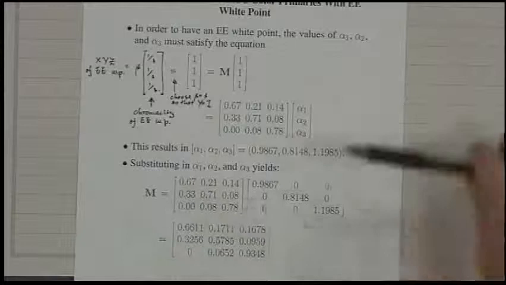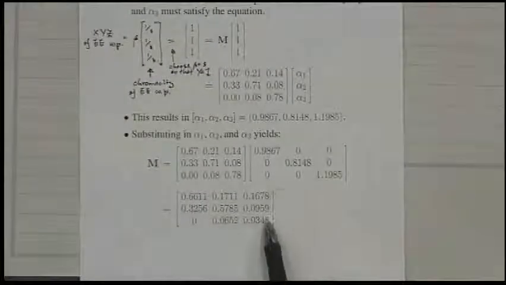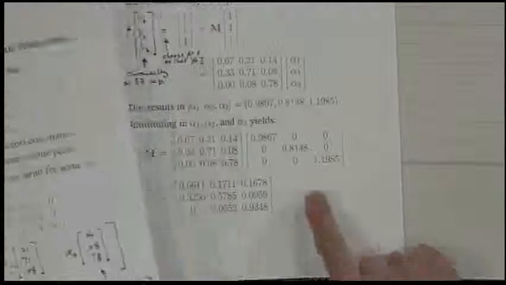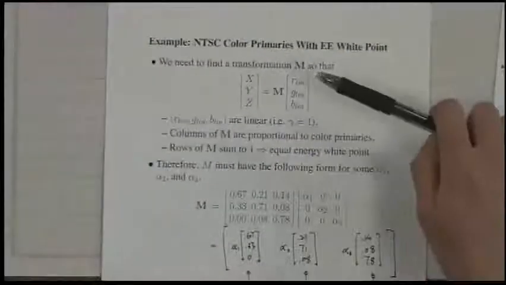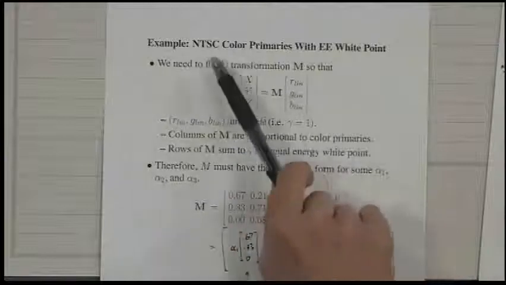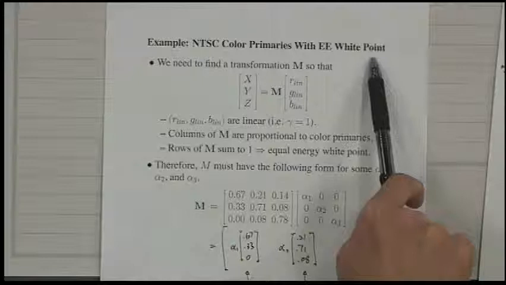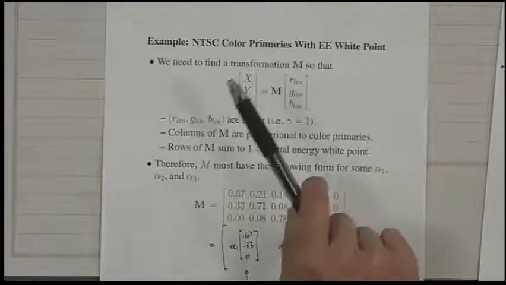And we can put these values back into the original form, alpha 1, alpha 2, alpha 3, and then we can solve for this matrix M. It would be something like this. So this matrix gives us the linear transform from the color coordinate system defined by the NTSC color primaries and equal energy white point to the CIE XYZ coordinate system.